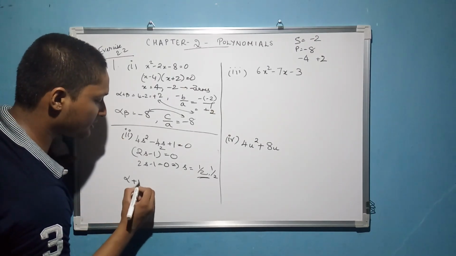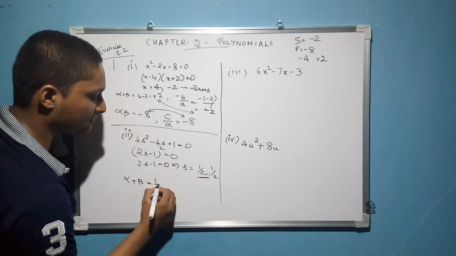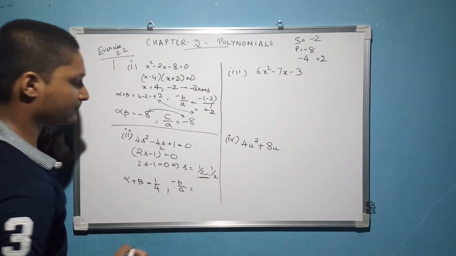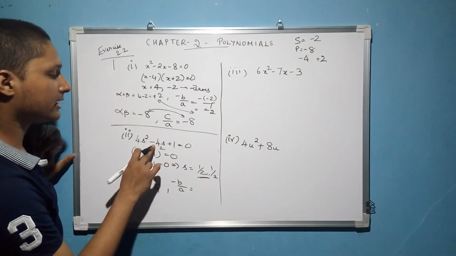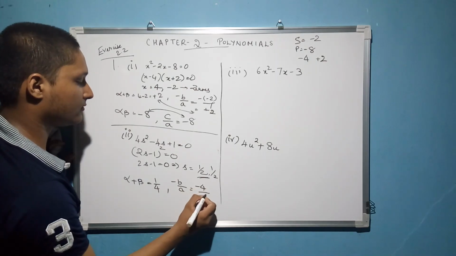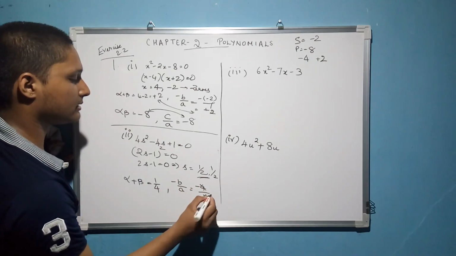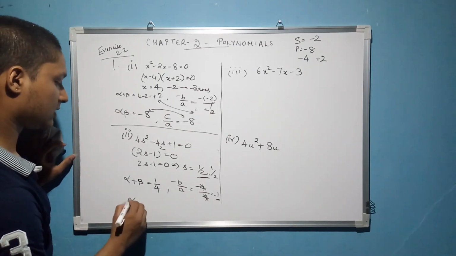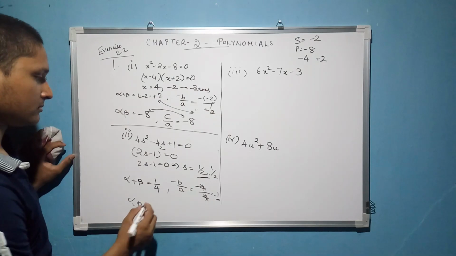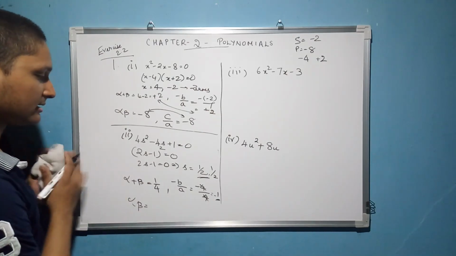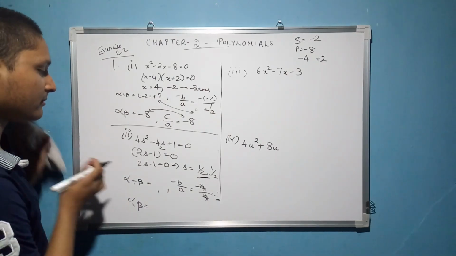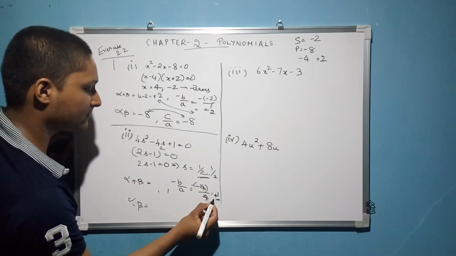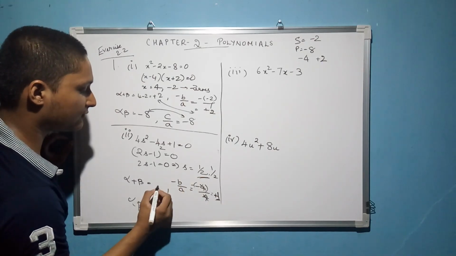So you want alpha plus beta. Alpha plus beta is half plus half, that is 1. So what is minus b by a? Minus b by a is minus of minus 4 divided by 4, that comes to be 1.